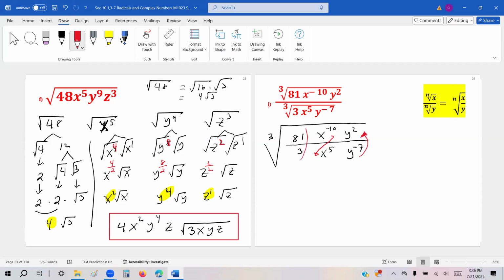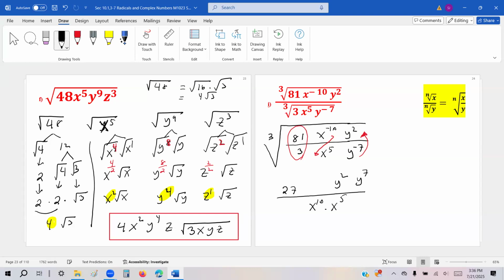On the other hand, 81 and 3. Can you divide 81 by 3? How many times? 27 times. So you have 27. X to the 10 goes on the denominator. Y squared stays. X to the 5 stays on the denominator.